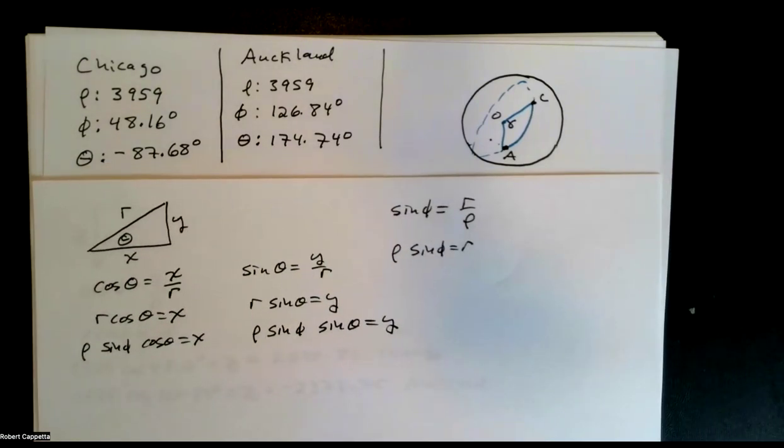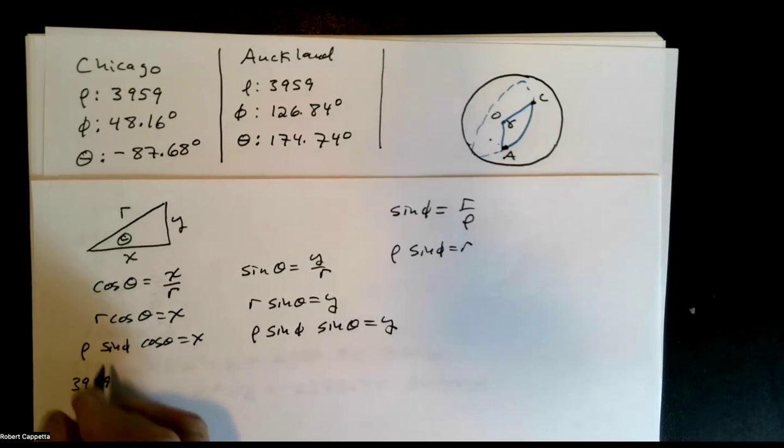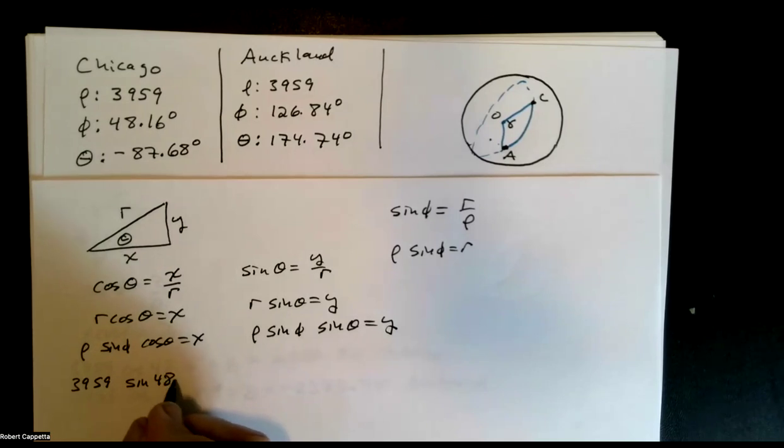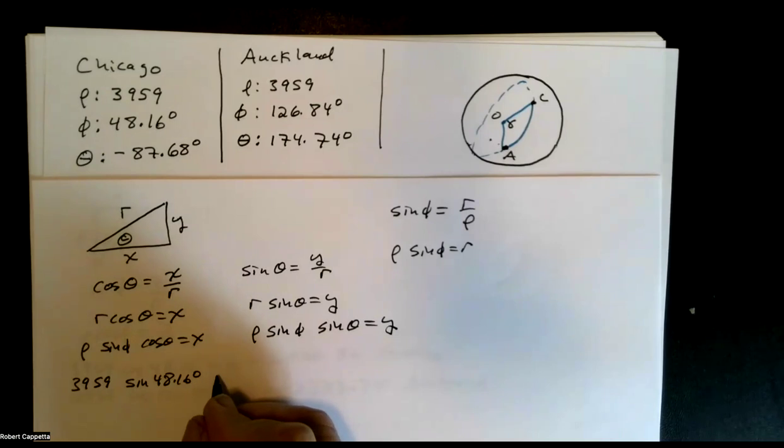So we can go ahead and plug those in. So let's do Chicago first. Rho is 39.59. Sine of phi, sine of 48.16. Cosine of theta, cosine of negative 87.68.